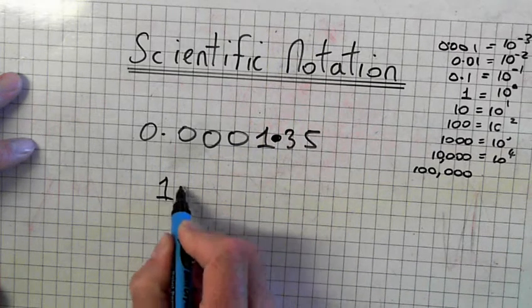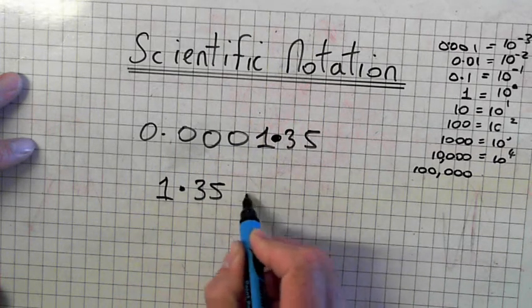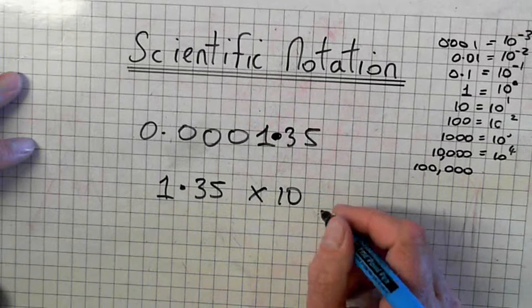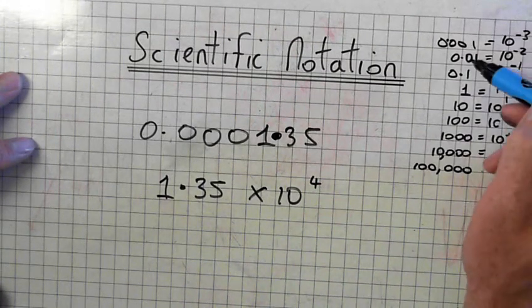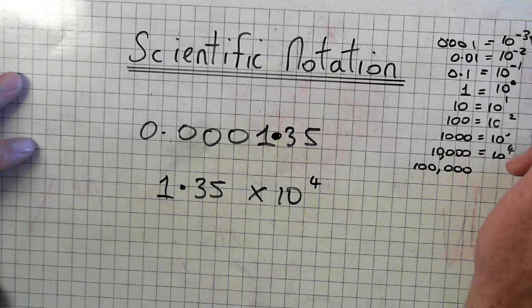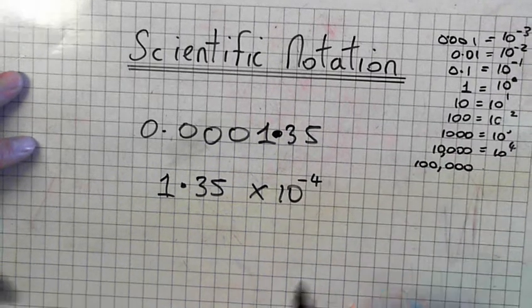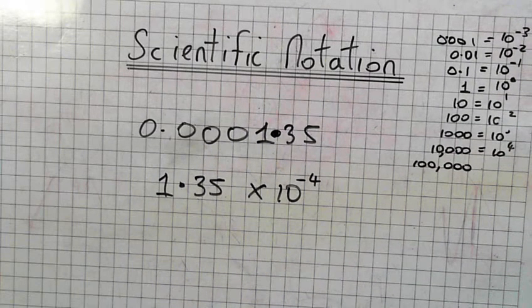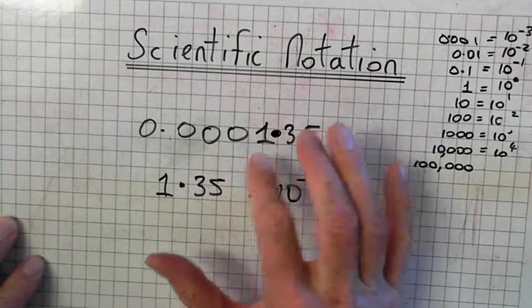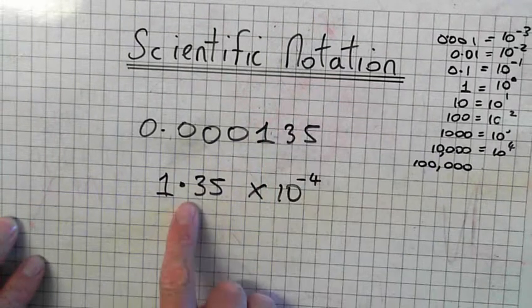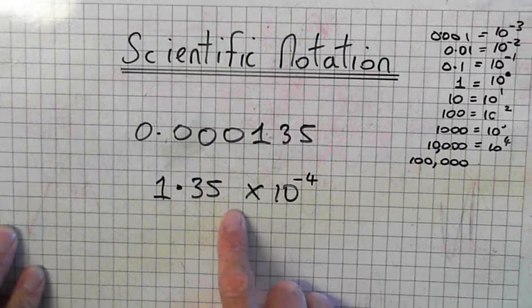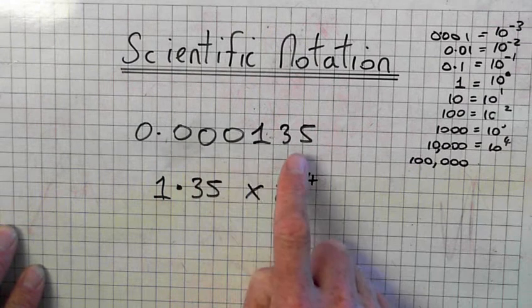I write down 1.35 by, I jumped 4 places, but it's a decimal, so it's a minus, isn't it? So 10 to the minus 4. Okay. So if I multiply those two together in the calculator, I'll get my big decimal.